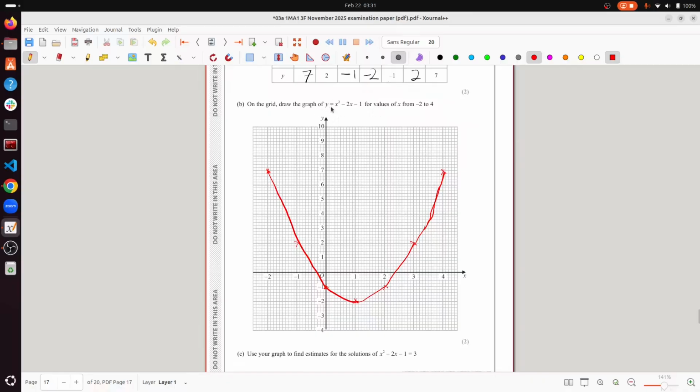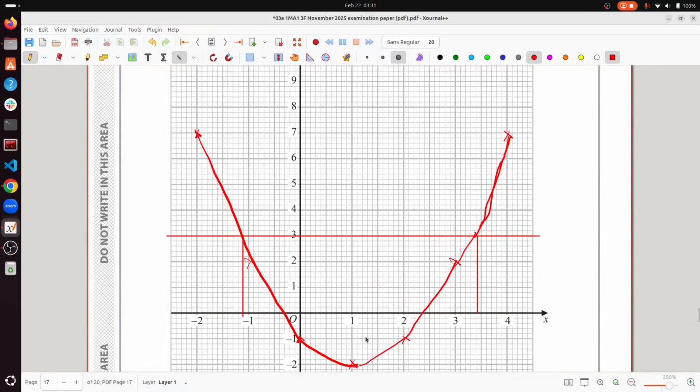So now the value of our y is 3. So that means I should draw a line at y is equal to 3 and read off what my x values are using my own graph.